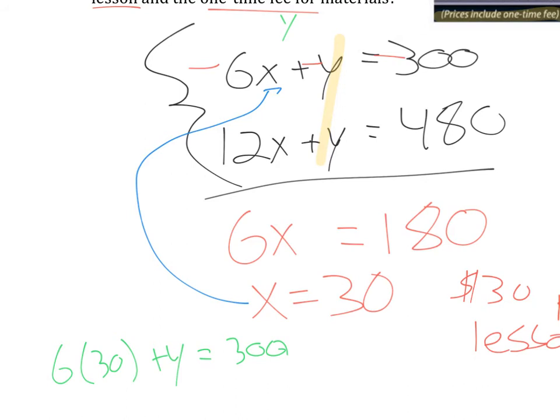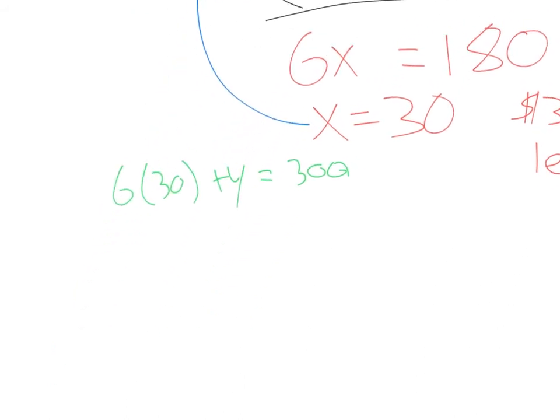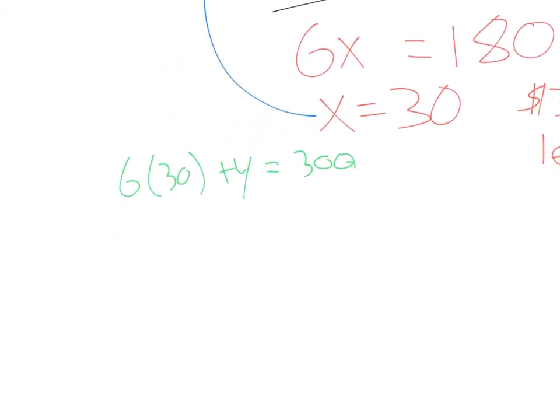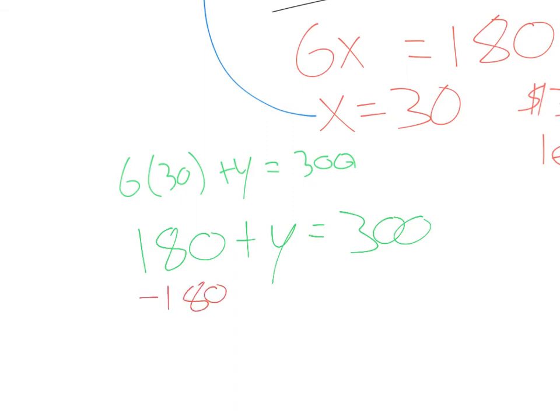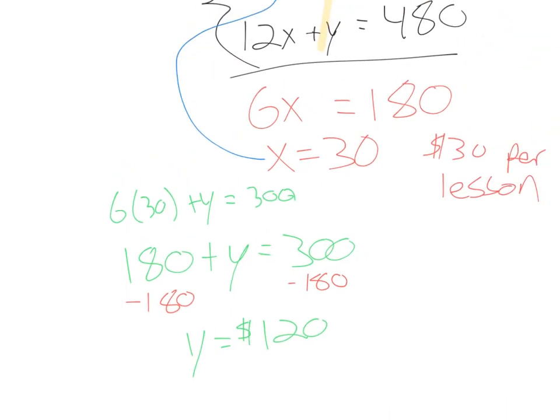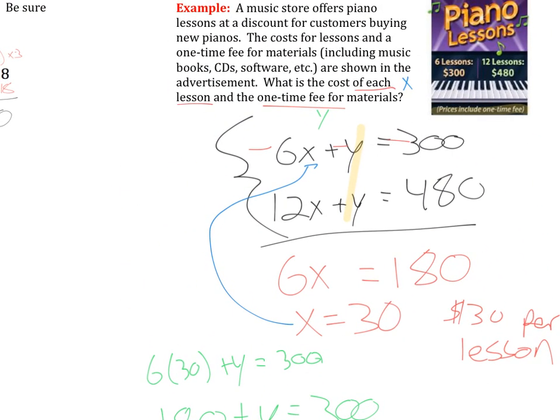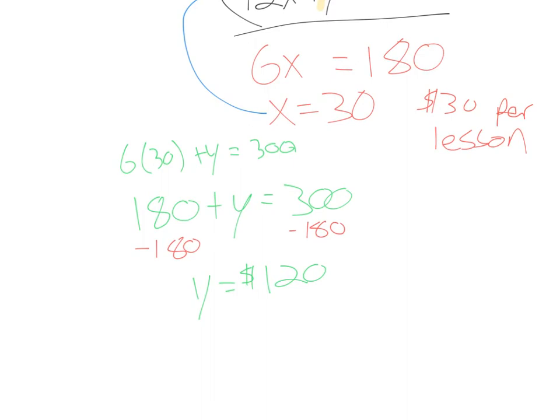The only reason I chose that first equation is the numbers are smaller and I'm feeling lazy. We would have 180 plus y equals 300. Let's kick 180 to the other side to get y by itself. We would get y equals 120. And y represented that one-time fee.